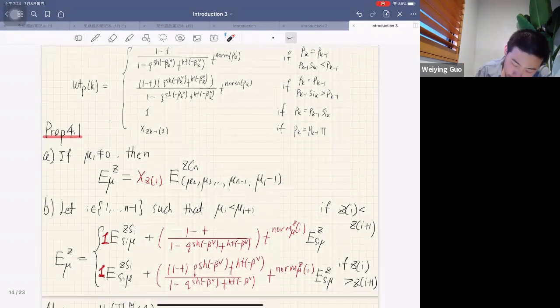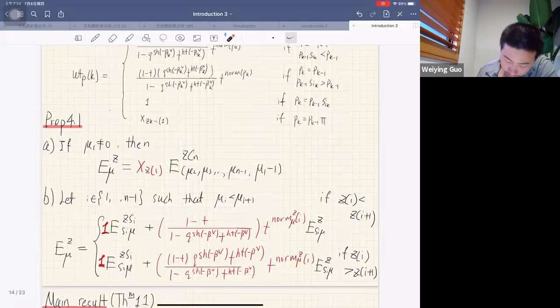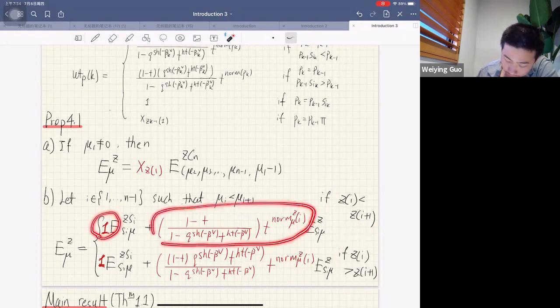And then if mu1 is equal to 0, we search for the minimal I such that mu I is less than mu I plus 1. And then we separate into 2 cases, corresponding to zi less than zi plus 1 or zi greater than zi plus 1. In the first case, we get a 1 and an extra factor that looks like this.